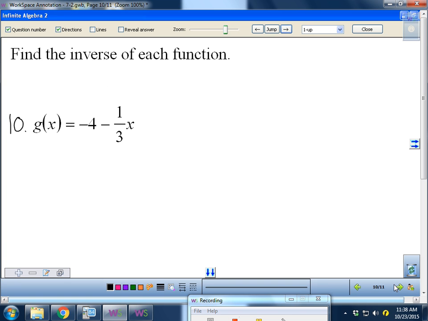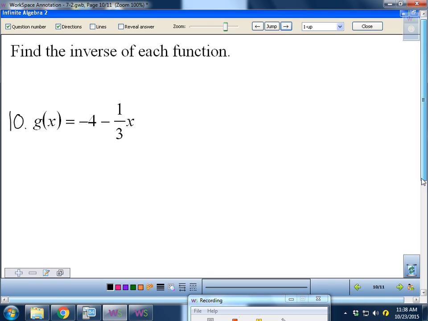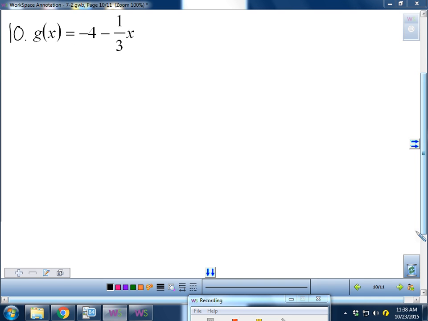All right. Number 10. Okay. So I'm going to go ahead and replace g of x with a y. Then I have to switch x and y.